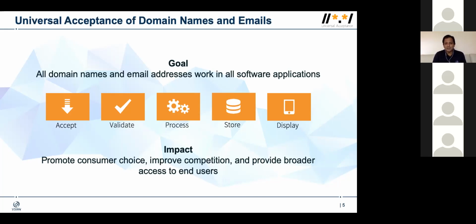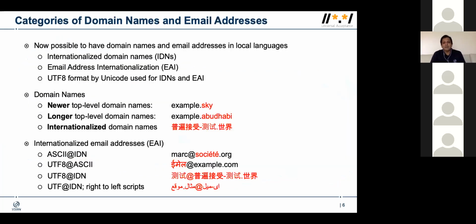Obviously, this will promote consumer choice, improve competition, and provide much broader access to end users in terms of selecting domain names and email addresses. That is the context that we are talking about.